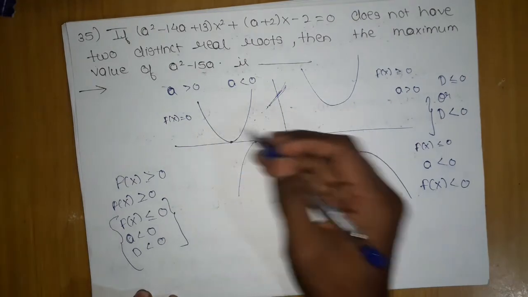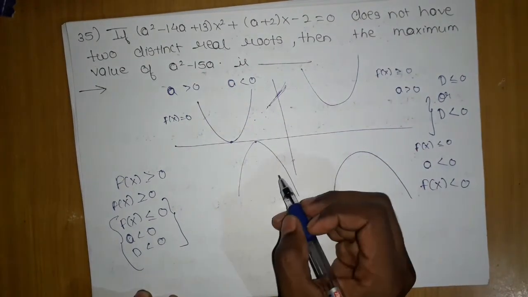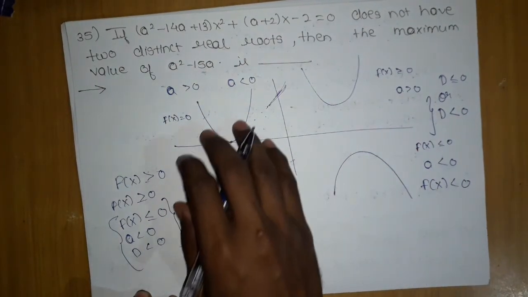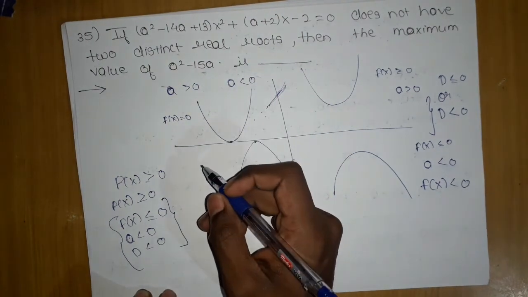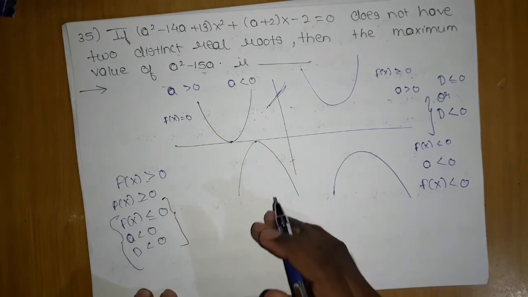And if we get c negative, we will reject the upward parabola, a greater than 0, and we will consider this one.